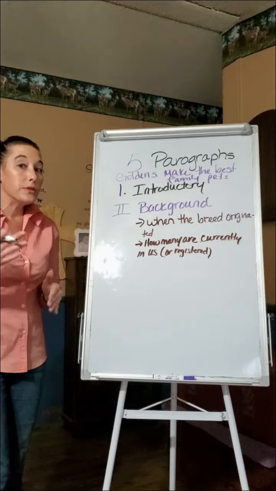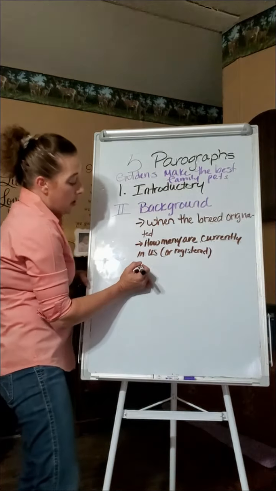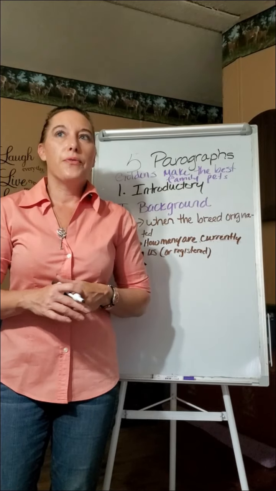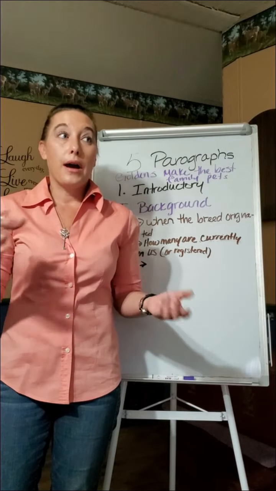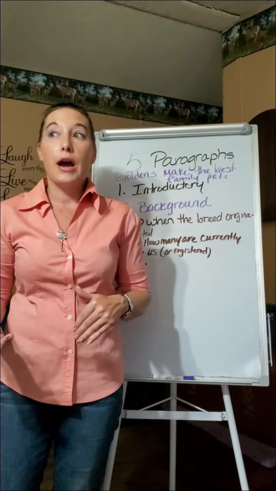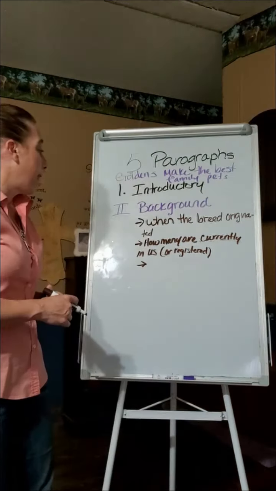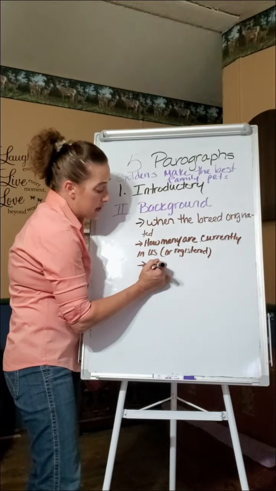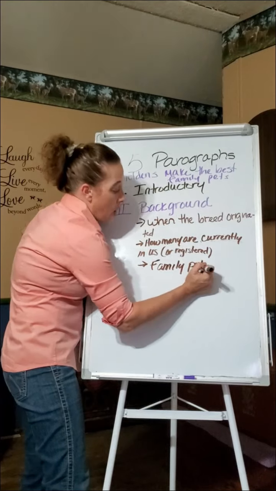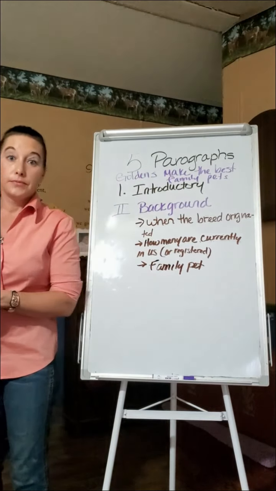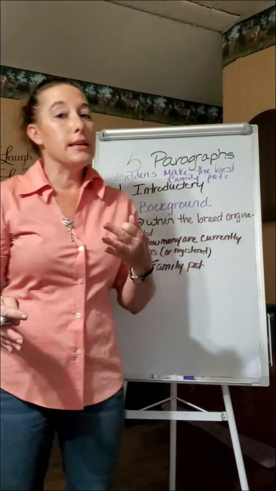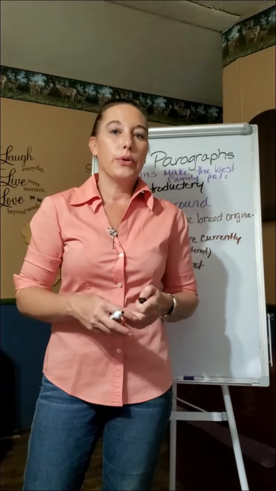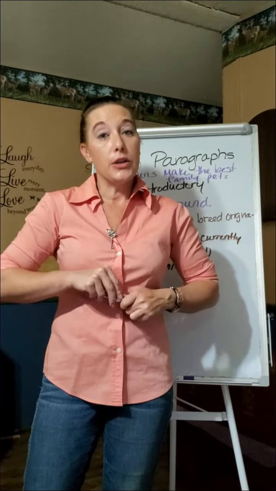You could do your own kind of research and look at like golden retriever blogs and things like that. Find out maybe why they make the best family pets or how they're versatile or information like that. You can also, your background needs to be basically what makes a good family pet. Okay, so by doing this, you're laying out your entire idea. What are you going to talk about when you're writing your essay?